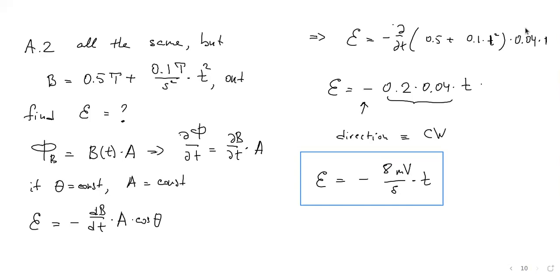If I specify what is EMF at a certain time, like after 10 seconds from the very beginning, it will be 80 millivolt clockwise. But after 1 second from the beginning, it will be only 8 millivolts, not 80. After 5 seconds, it will be 40 millivolt. Questions?